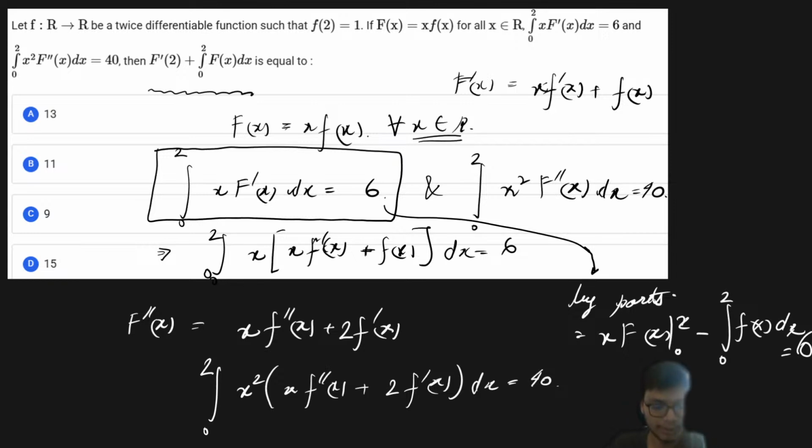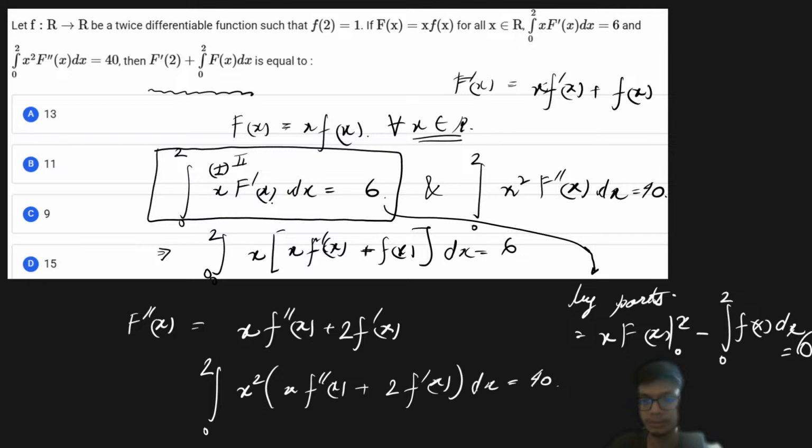First of all, we are taking capital F dash of x as the second function, and this is the first function. If we do this simplification, you are going to get this result. I hope this is clear to every one of you.